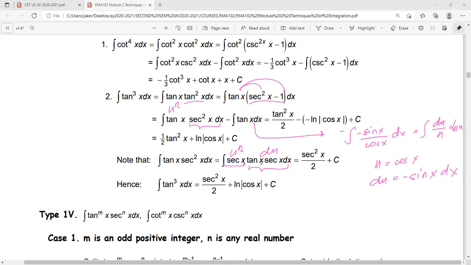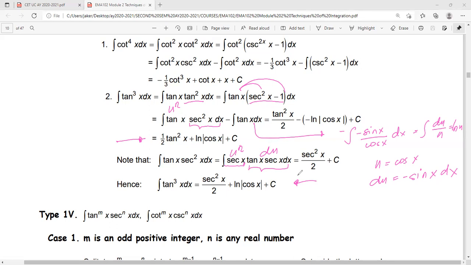This tangent x secant x dx is the entire du of your u, which is secant. So you have two possible answers, class, for this particular integral. You can have this. You can also have this one. Both are correct. Both are acceptable.